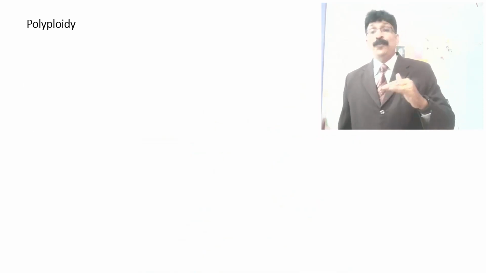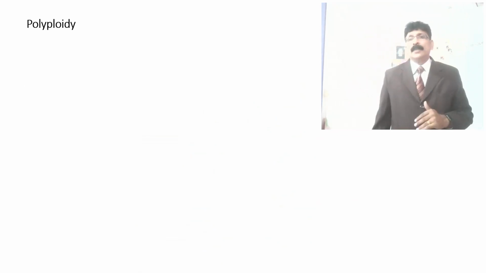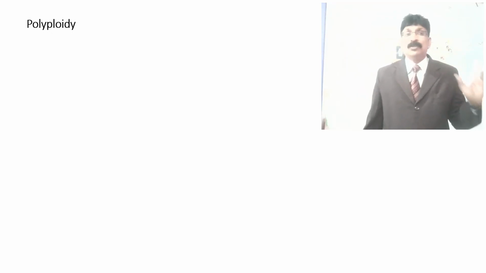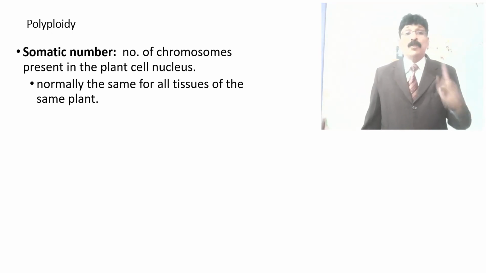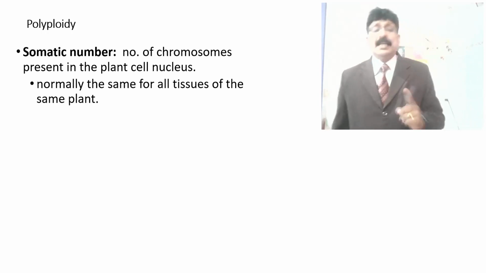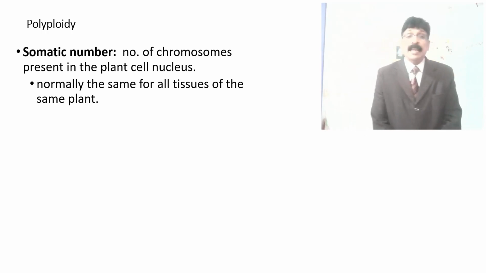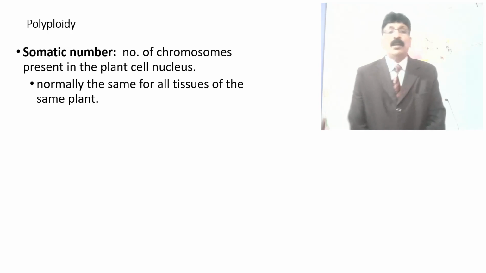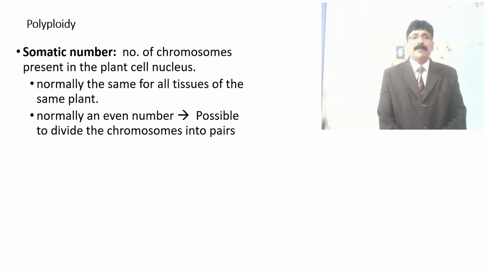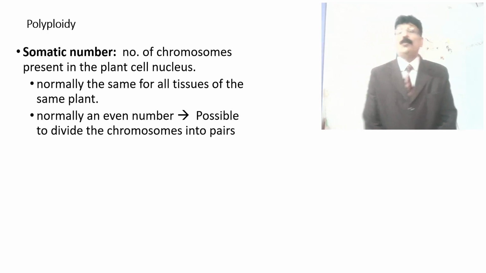So we should know about, even short notes they have asked last time, polyploidy, hybridization. So the students should write very clearly, not like A and B together giving C is hybridization. No, you should write clearly. Polyploidy means the somatic number of chromosomes present in the plant cell nucleus. Normally it is the same in all tissues of the same plant, normally an even number, possible to divide the chromosomes into pairs.